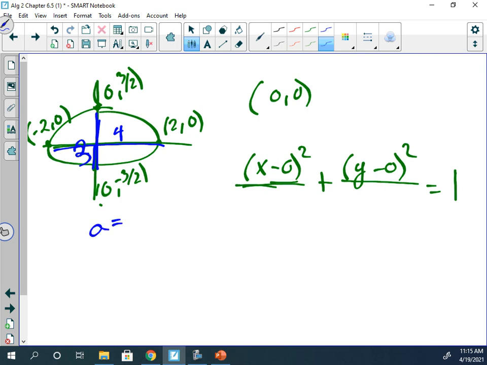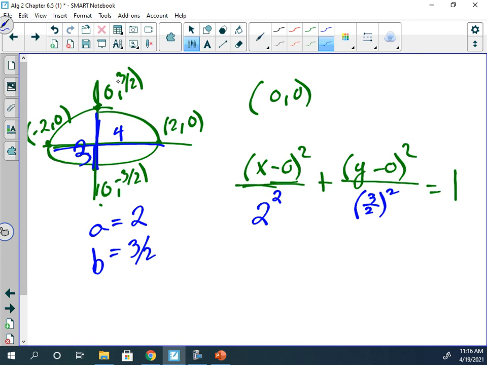Now, A and B. Well, 4 is definitely bigger than 3, so the value of A is 4, and B is 3/2. Since this is horizontal, our bigger value would go with x, and then 3/2 squared would go with y.